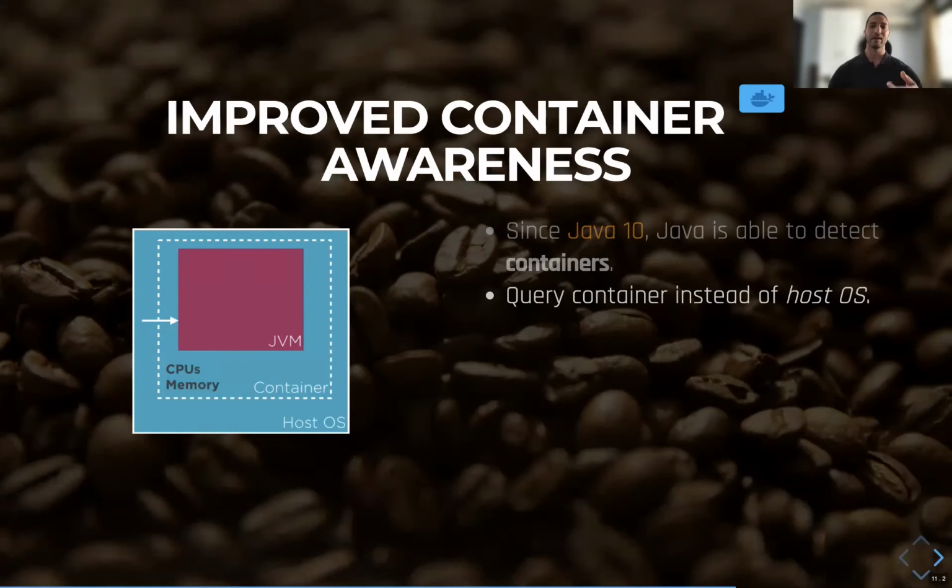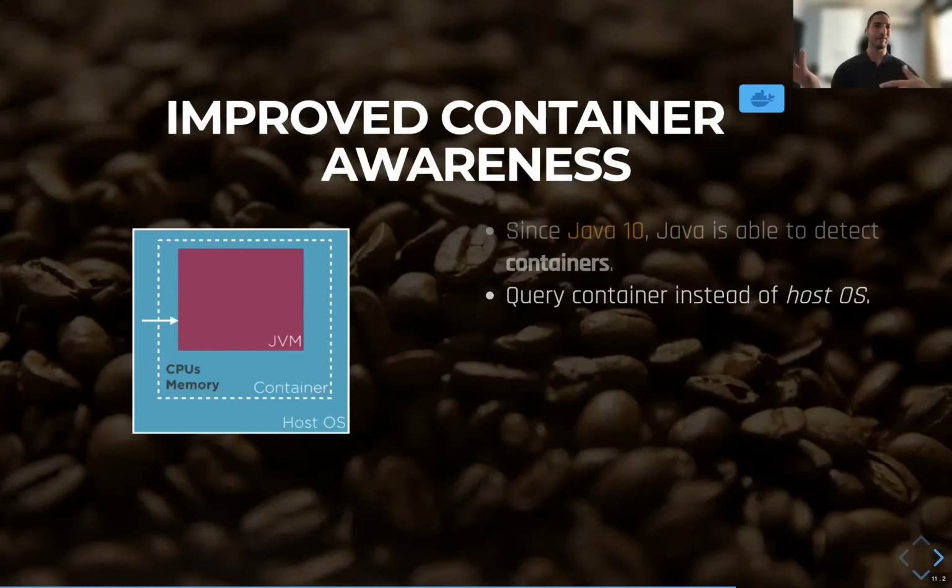So since Java 10, now Java is able to detect containers. So when you query for the memory, the JVM queries not the host, it queries the container. Because when it starts, it would take the available space of the host operating system, and in your container, it's limited. So when you try to get more, you are limited inside.